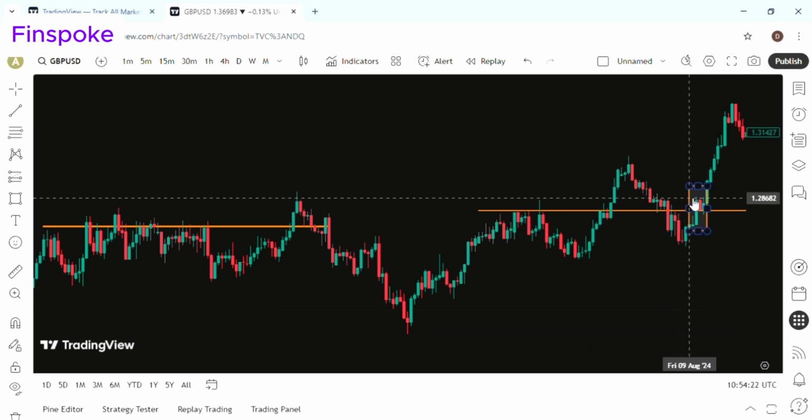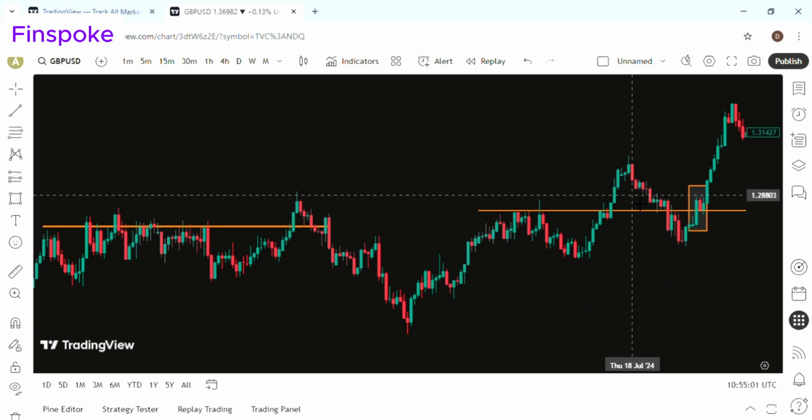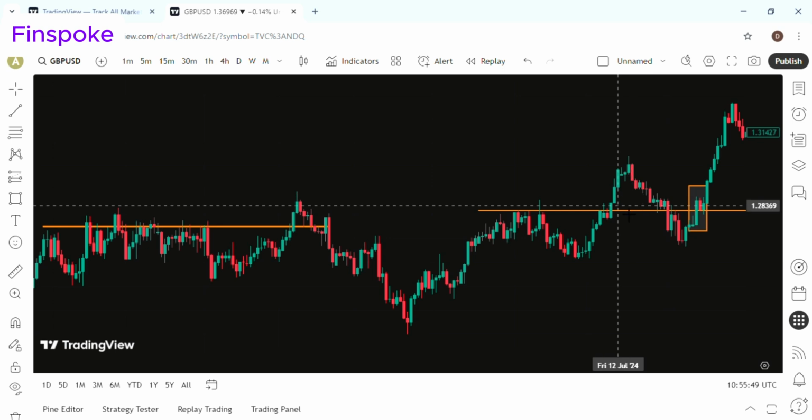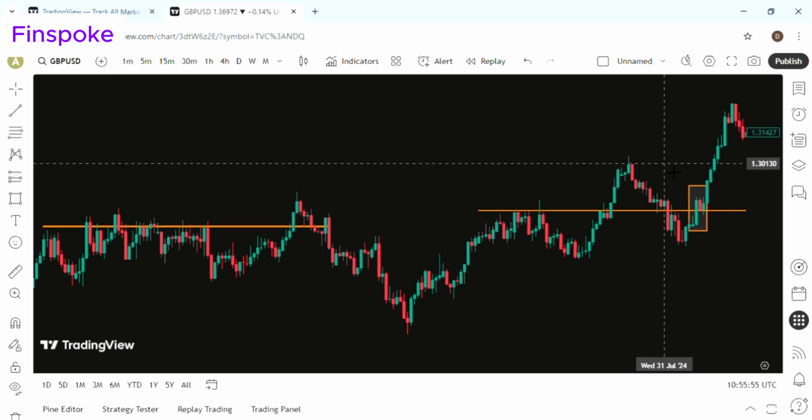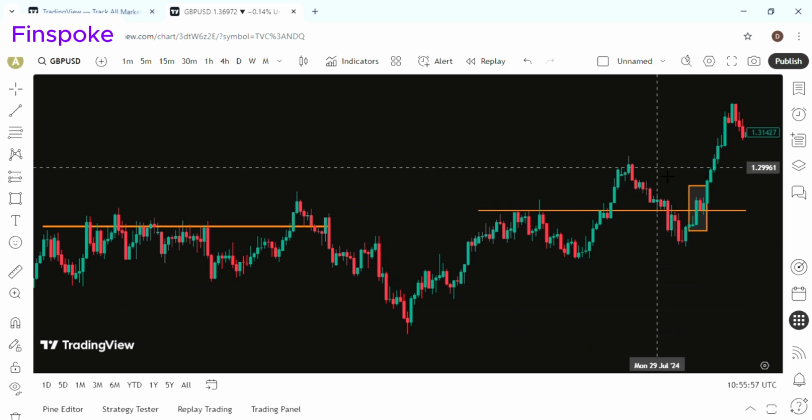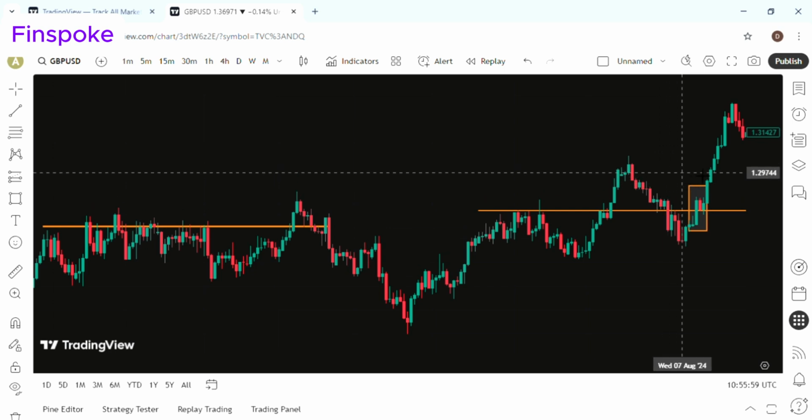You can take the trade at the close of this mother candle. You can also take this trade at the break of market structure. And you can also take the trade at a retest. And this is a kind of trade that you manage, because if you look at this, it is daily, each of these candlesticks represents daily activity, showing that it is bullish.